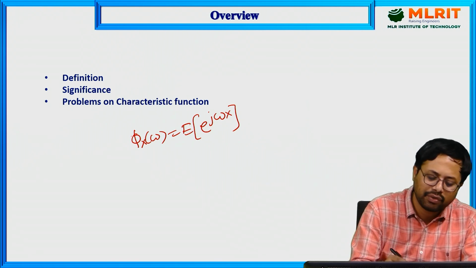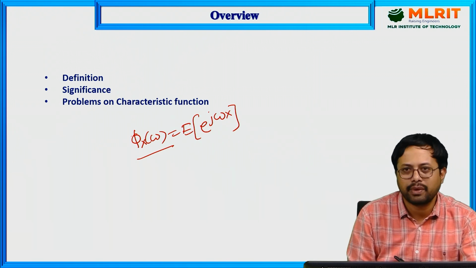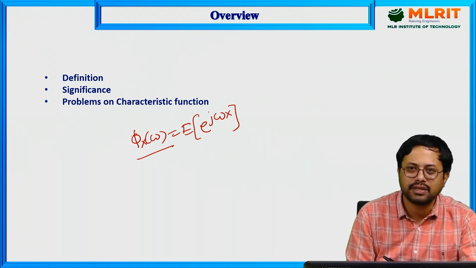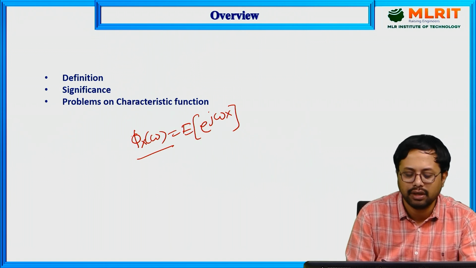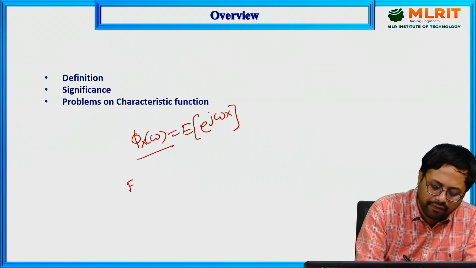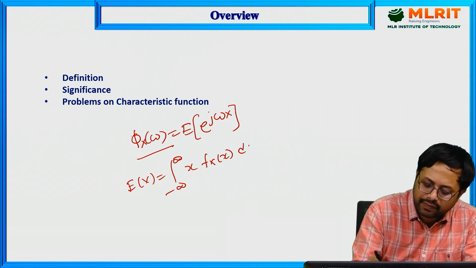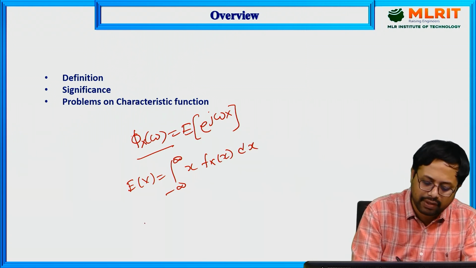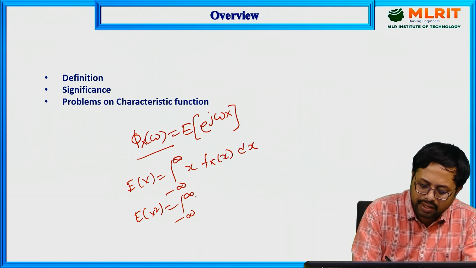Why do we use it? While solving the expectation, the mean square value, or the nth order moment about the origin, we require a separate integral. For example, the expectation of x is the integral from minus infinity of x times fx of x dx. For the mean square value, we have to take one more integral of x square fx of x dx.